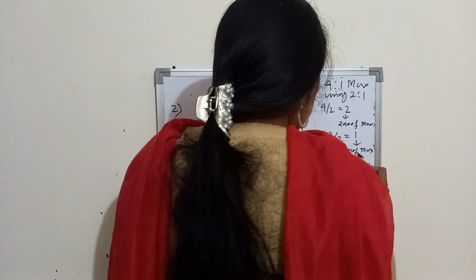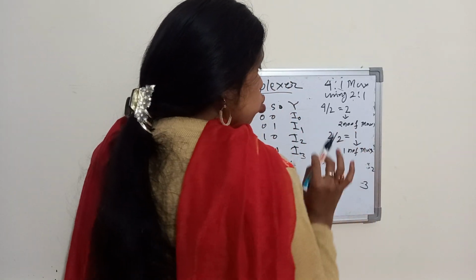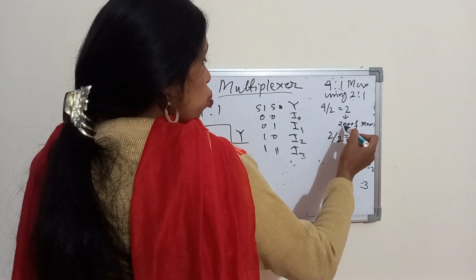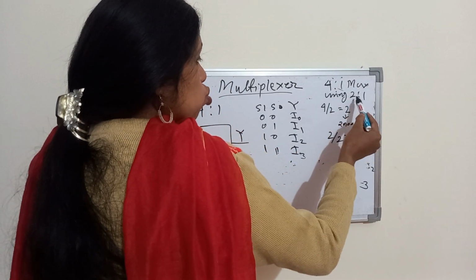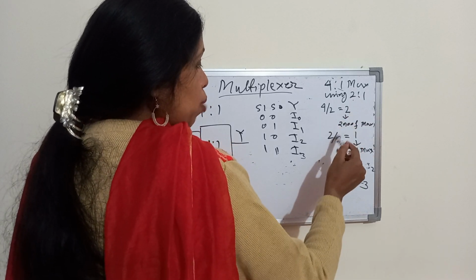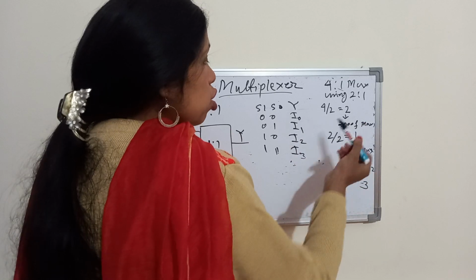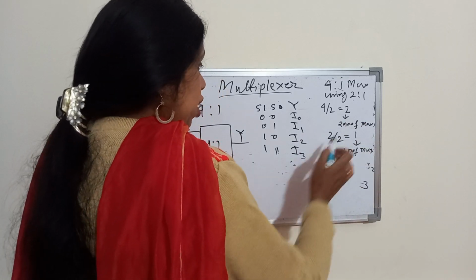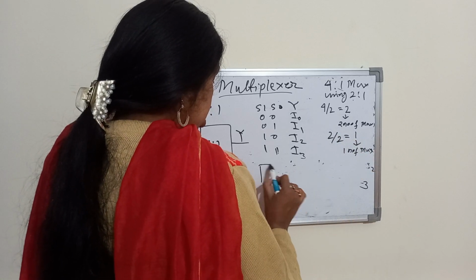So that is the last one. So 2 plus 1, 3 total 2:1 muxes are required. Why total? Because I am getting this 2 by dividing 4:1 by 2:1, and I am getting this 1 when I am dividing these results by 2:1 mux. So total 3 2:1 muxes are required. So first I got 2, right? So I am placing these 2 here.